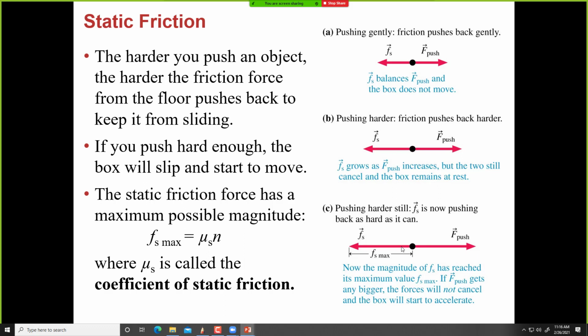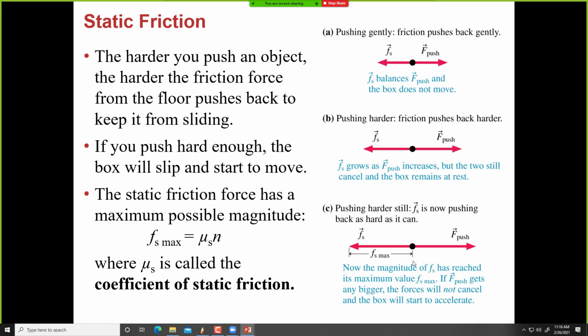And if you increase your force, the friction force would also be increased. Okay? Again, to compensate your force to keep it from sliding. So again, the harder you push, the more friction would be applied on the box. So that happens up to a certain point, okay?